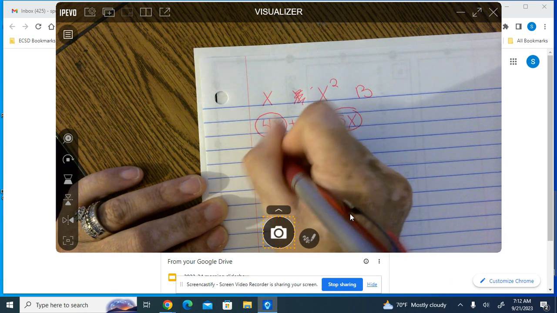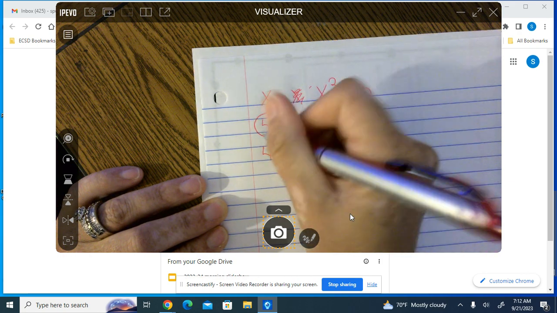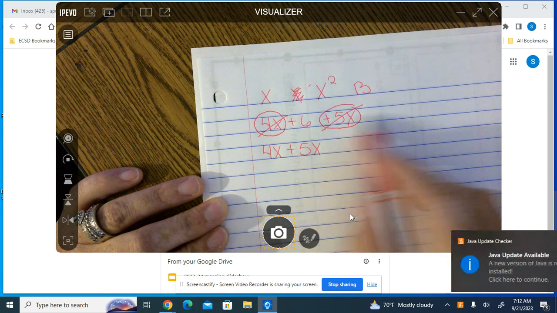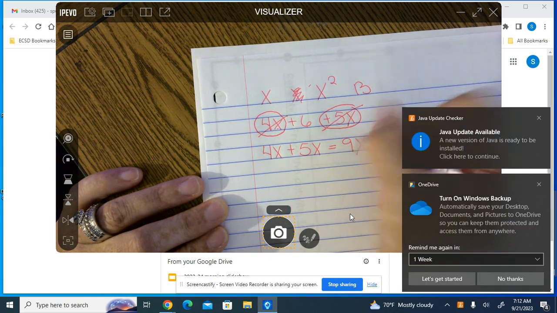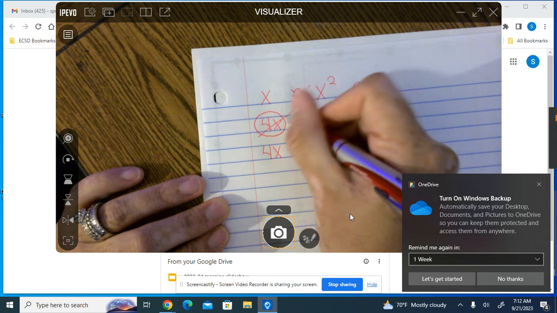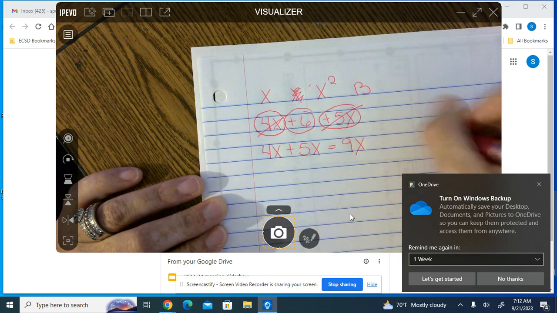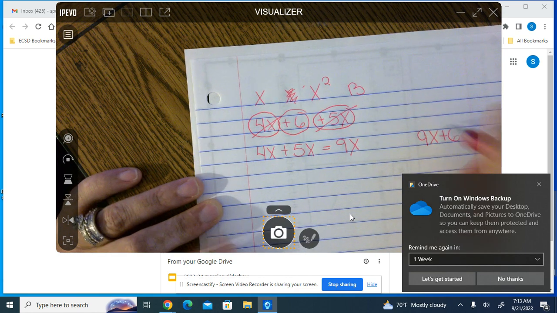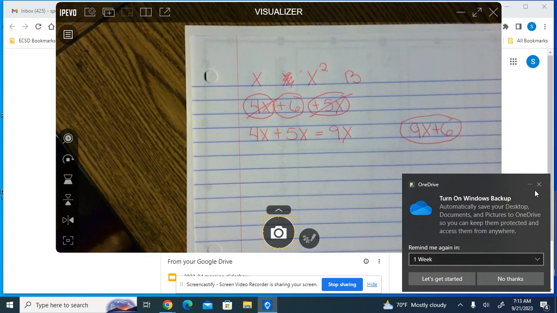So down here, I'm going to do 4x plus 5x, and I'm going to cross them out so I know I've used them and there's nothing else that I can add to it. That gives you 9x, which leaves me my constant, a positive 6. So over here, I'm going to write 9x plus 6. I'm going to leave it just as an expression, so nothing else is going to be added to this.